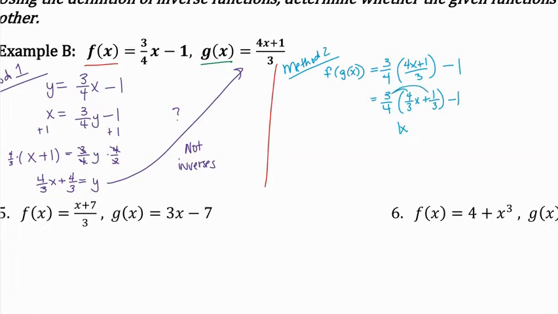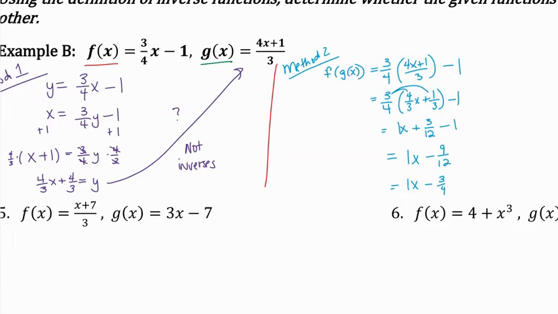And then 3/4 times 1/3, that would make 3/12 minus 1. 1 would be 12/12. So then I get 3/12 minus 12/12 would be 1x minus 9/12. Or if I simplify that, 1x minus 3/4, right?